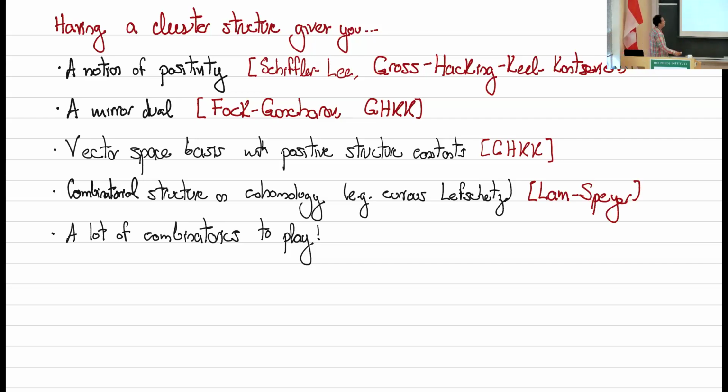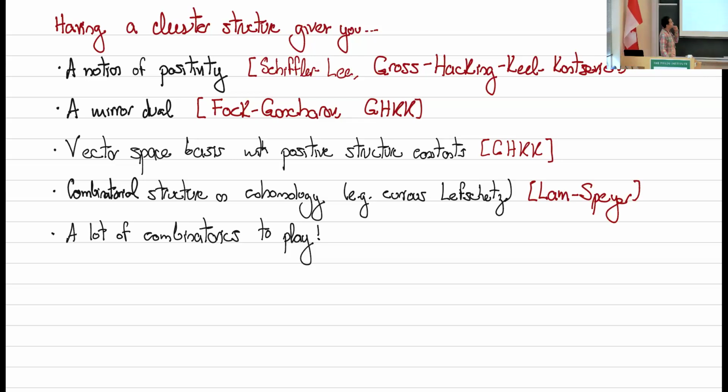You also have relations to mirror symmetry. So you can define a mirror dual of the cluster manifold by gluing tori with a dual gluing rule that I don't want to get into. You get a very nice combinatorial structure on the cohomology of cluster varieties. Being a complex variety, you have a mixed Hodge structure on the cohomology.